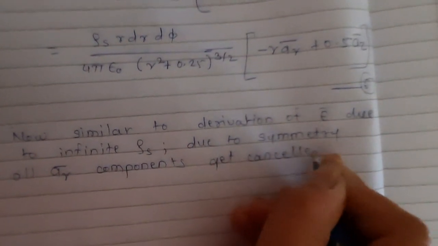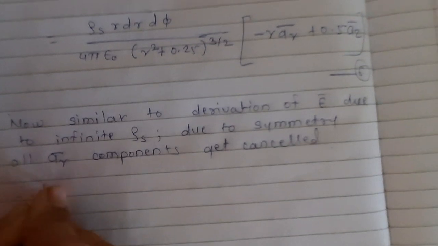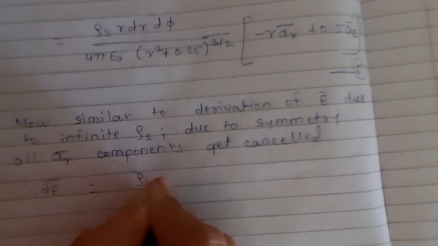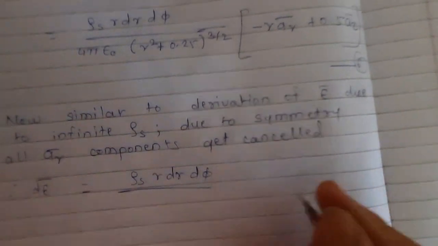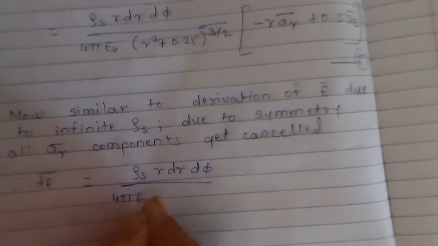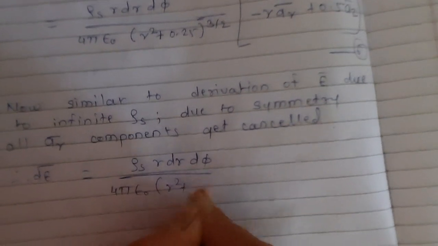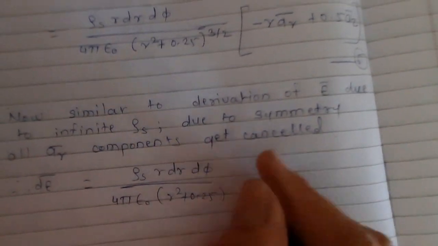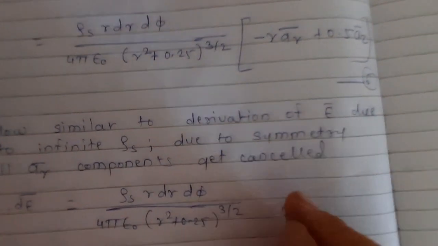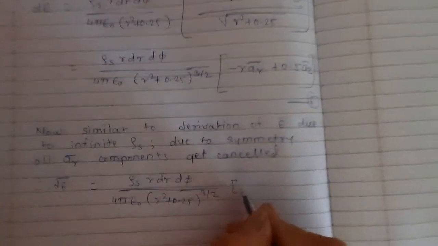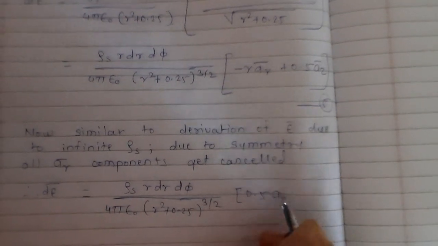So dE bar is equal to rho s r dr d phi divided by 4 pi epsilon 0 into r square plus 0.25 to the power 3 by 2. As all ar bar components get cancelled, only the 0.5 az bar is remaining here.